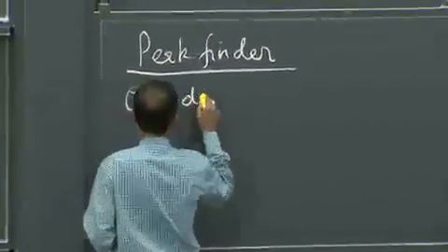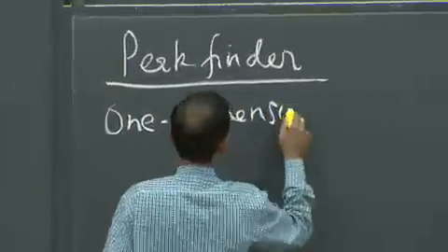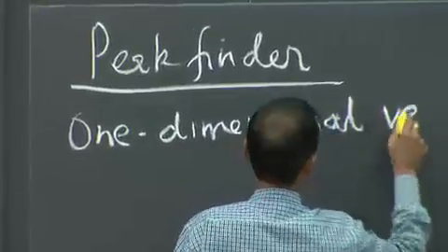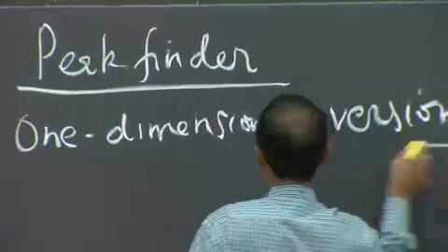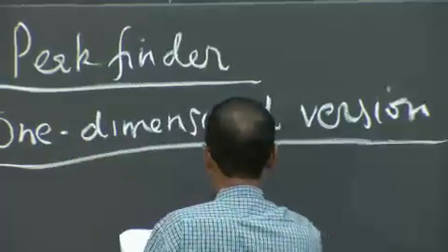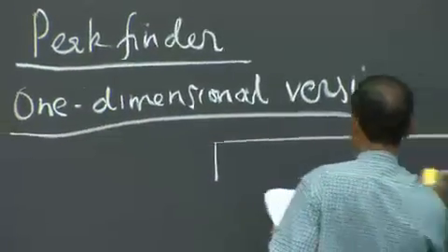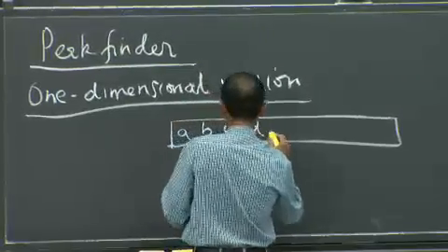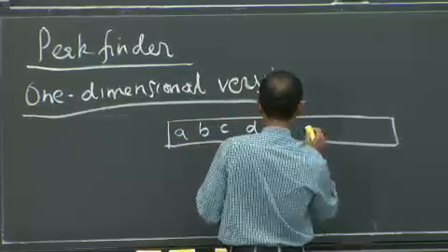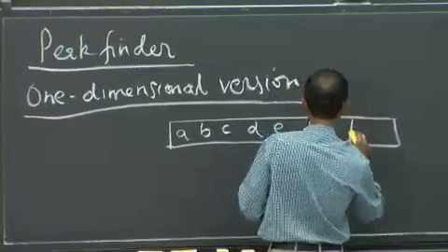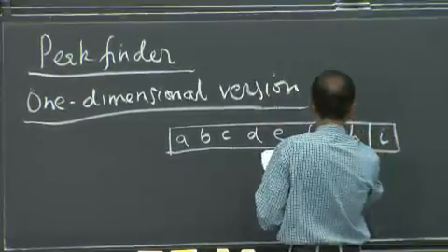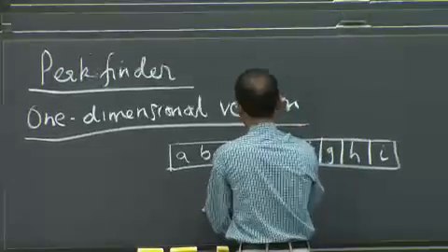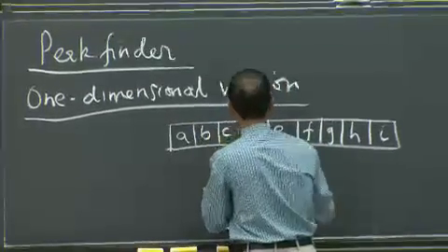So we'll start with a one-dimensional version of what we call peak finding. A peak finder, in the one-dimensional case, runs on an array of numbers. And I'm just putting symbols for each of these numbers here.